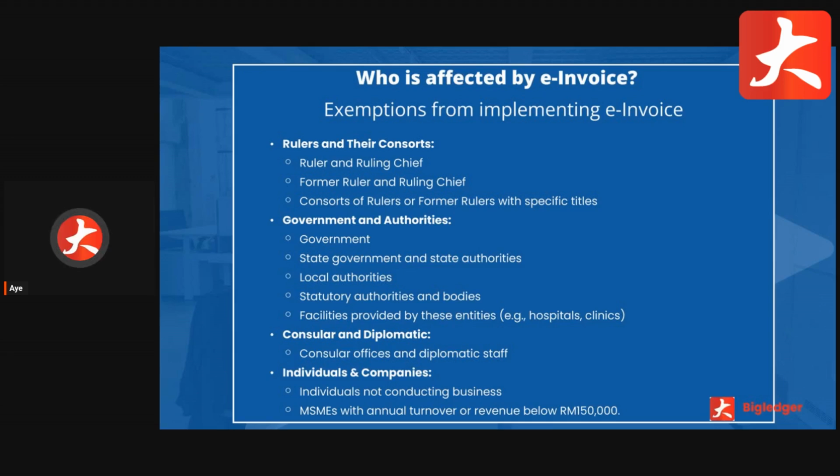Other than those, for all taxpayers, there is some exemption for some entities, for example rulers and their consorts, and government and authorities. Government and authorities include the government, state authorities, local authorities, then statutory authorities and bodies, also facilities provided by these entities, for example hospitals and clinics, and then consular and diplomatics.